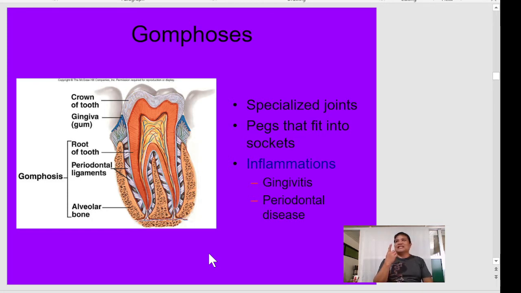You can easily identify it because it is like a peg that is inserted in the bone. So the joint between the two is in the form of gomphosis. There is a socket, right? It is just a peg inserted.